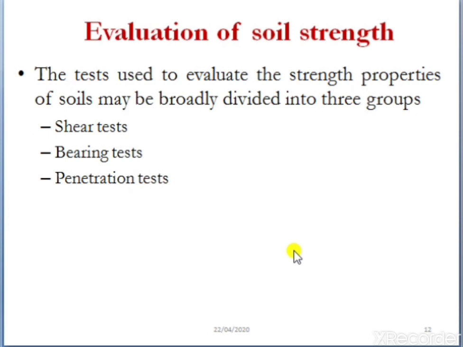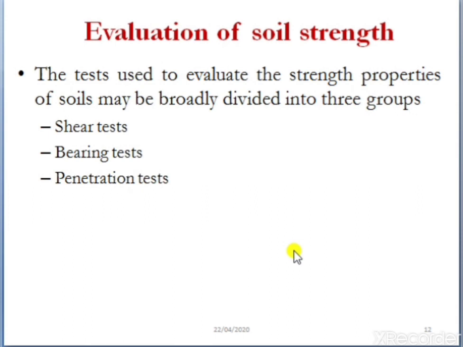Penetration tests may be considered small-scale bearing tests in which the size of the loaded area is much smaller and the ratio of penetration to the size of the loaded area is much greater than in the bearing test. Penetration tests are carried out in the field or in the laboratory.